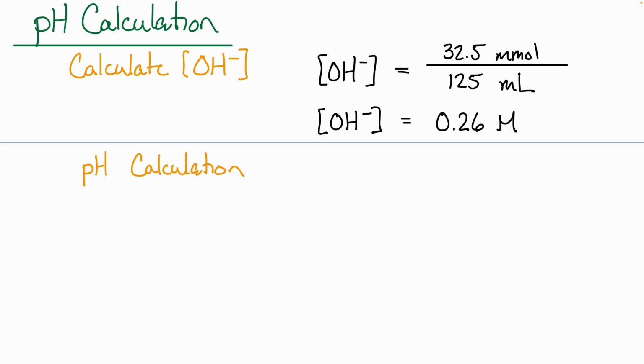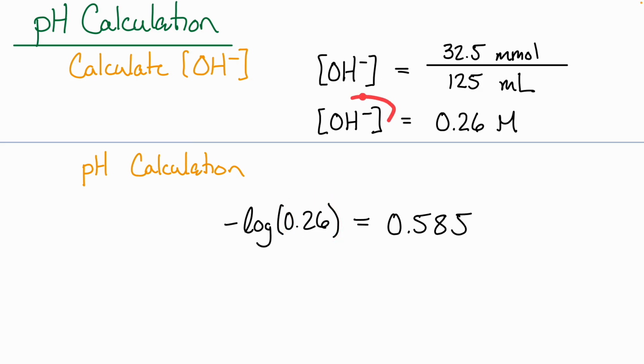Now we can do our pH calculation. Okay, we take the negative log of 0.26, and our calculator spits out 0.585, and we're done. No, because that 0.26 was not hydronium concentration, but hydroxide.